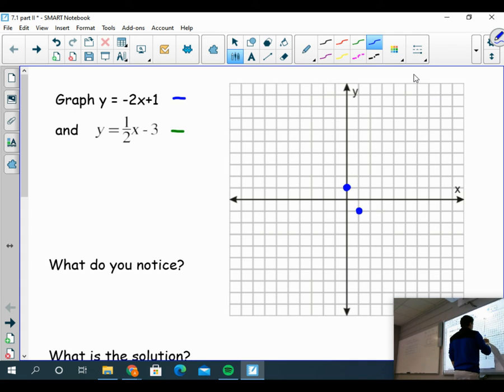So I'm going to go down 2 over 1, down 2 over 1, down 2 over 1. Could also go up 2, left 1. And I graph my other line. Up 1 over 2, up 1 over 2. And I connect them with a line.